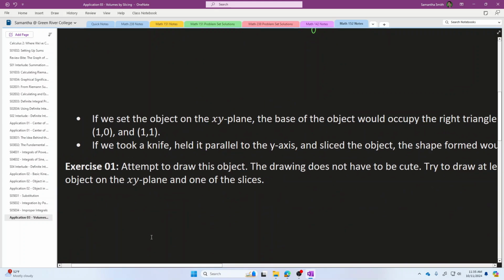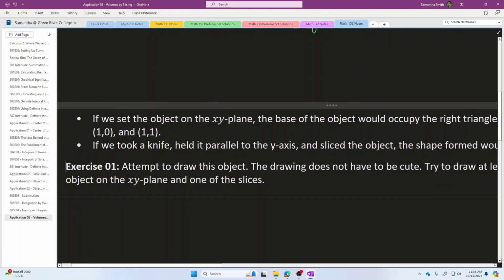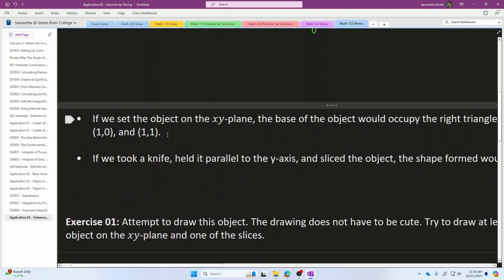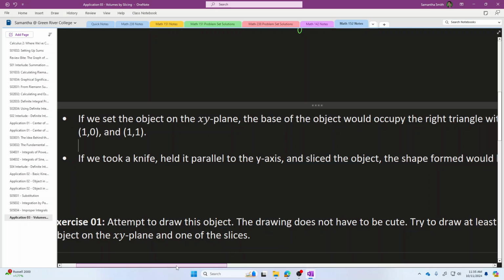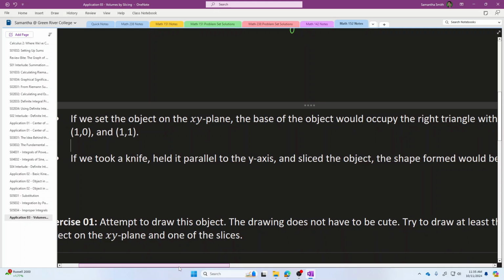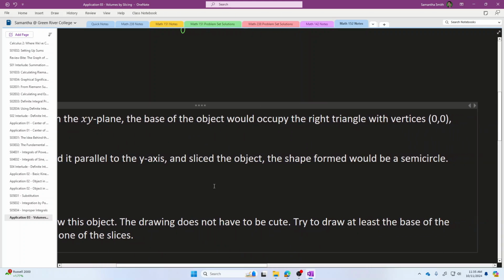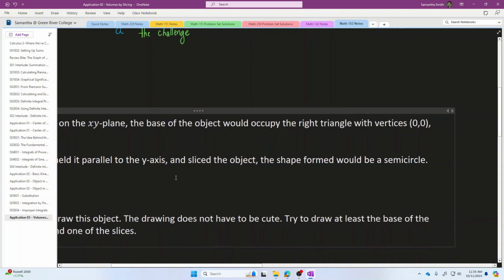In this scenario, I'm dealing with a three-dimensional object, and I'm given two hints about the object's shape. Hint number one, if you take the object and you set it down on a flat surface that can be represented by the xy plane, then the base of the object, the footprint of that object, occupies a certain region on that surface.